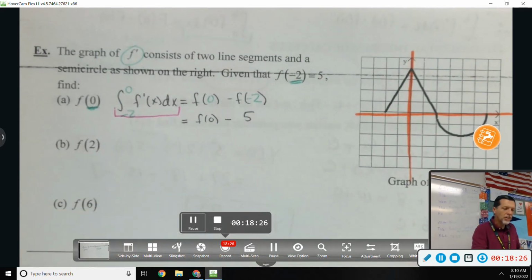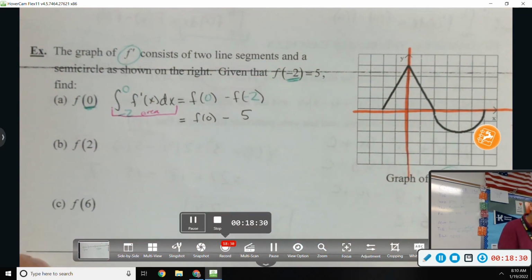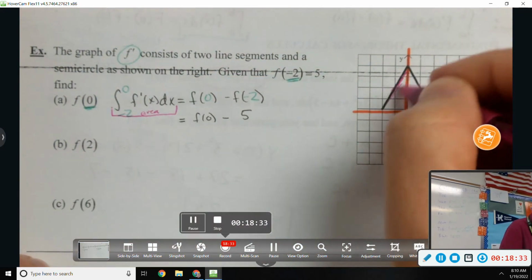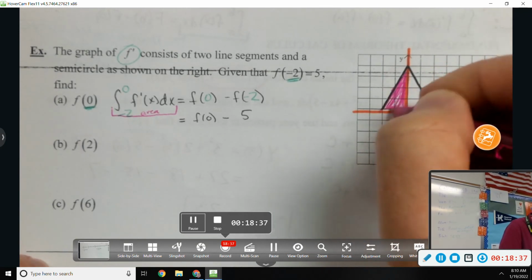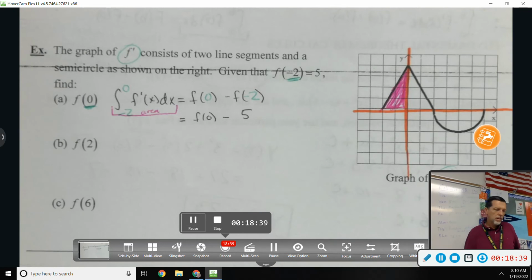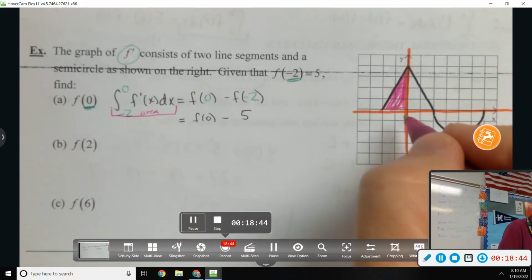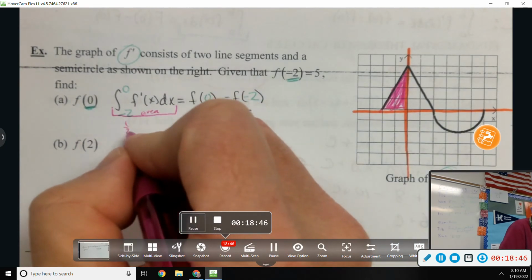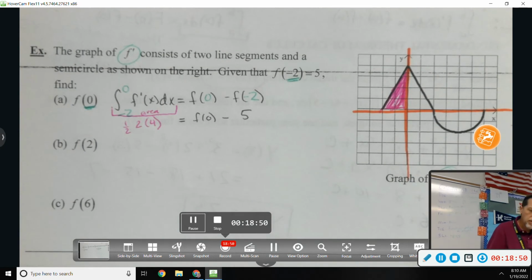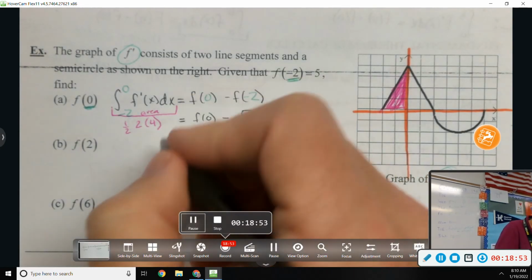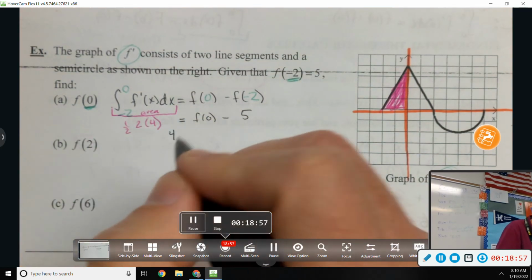Remember, it represents area from -2 to 0. So I go to my graph, and that means this area from -2 to 0. Let's see, that's just a triangle. 1/2 base times height. The area of that triangle is 4. I'm trying to write small to not get into the part B's work here.